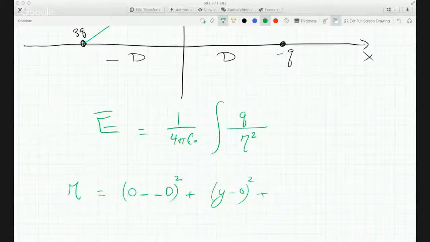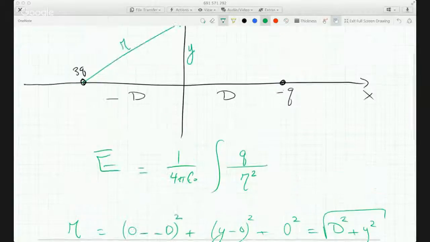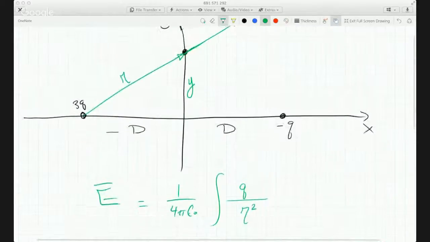And the third one is 0 squared, because there's no z on both of them. So this will be the square root of d squared plus y squared.